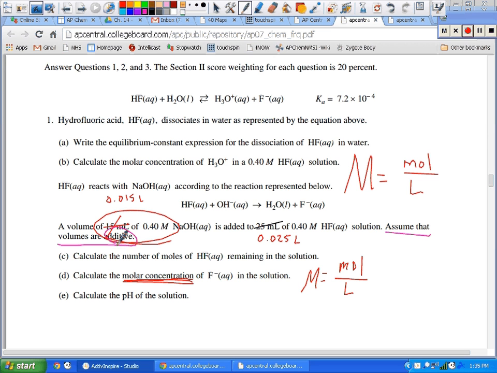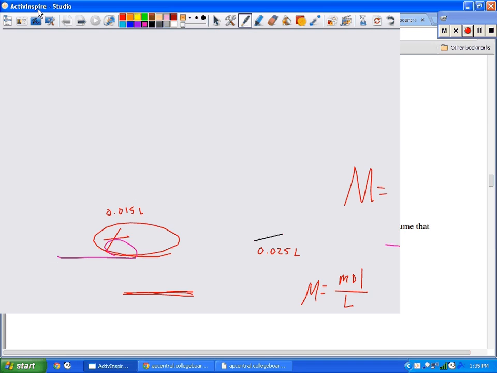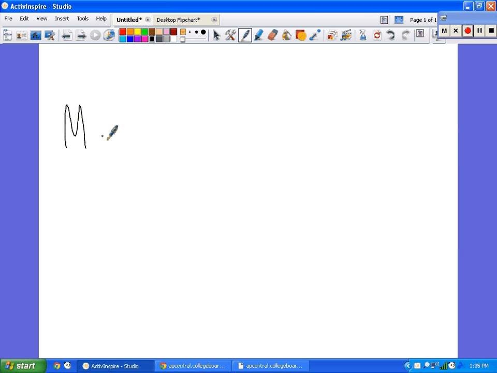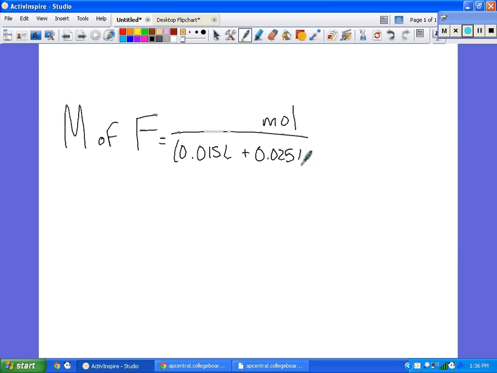All right, so let's come back over here. So we know we want the molarity of F minus. Okay. Well, we need moles, and we're going to talk about that next. But we know the volumes are additive, which is 0.015 liters plus 0.025 liters, which of course is 0.04.